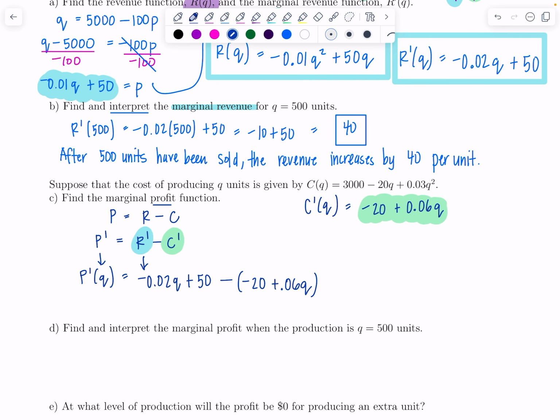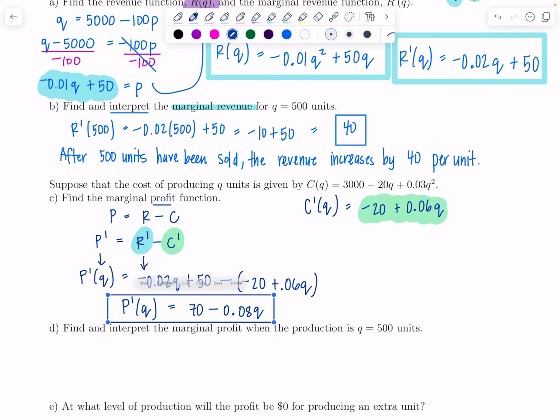I love it. And then capital P prime of Q, that's our marginal profit function, is going to be, combine your like terms. So this is 50 plus 20, that's 70. And then negative 0.02 Q minus 0.06 Q is negative 0.08 Q. Beautiful.